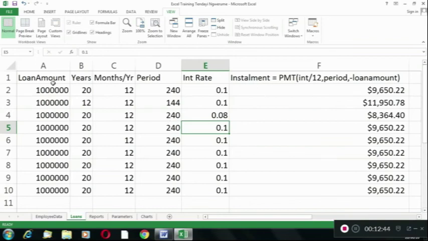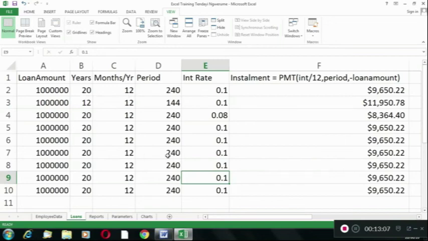You can change the loan amount, you can change the number of years, and you can also change the interest rate, but you can't change the number of months per year, and you can't change the period because it's simply calculating the number of years times the months per year.